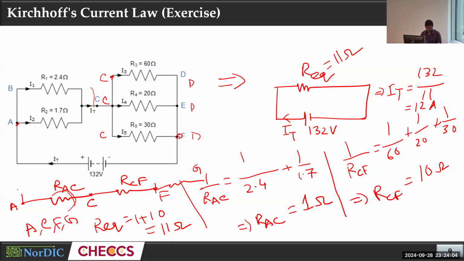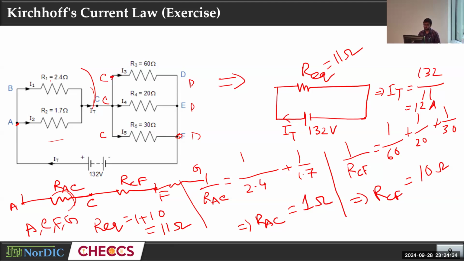So let's try to focus on this portion first. We know the resistance here. To find out the current, what do we need to know? That's always the triangle, right? Voltage, current, resistor. If we want to find one, we need to know the other 2. So if we want to find I, we must know V and R. We know R, we need to find V. As I mentioned, R1 and R2 will have the same voltage.